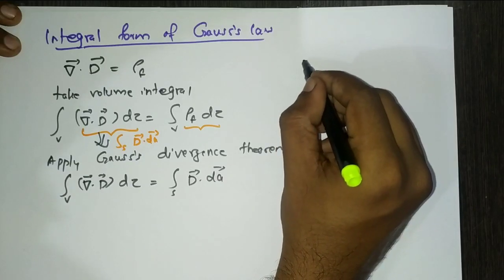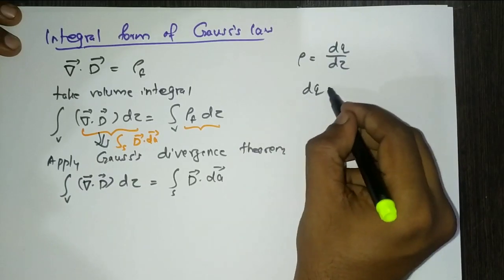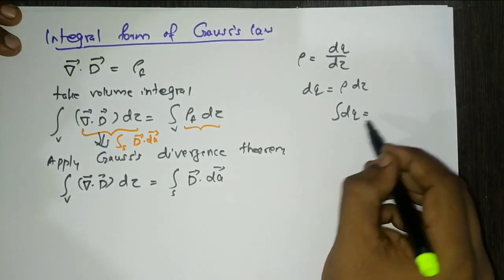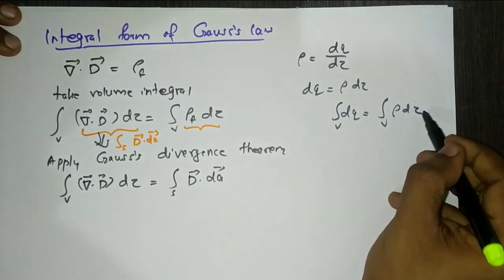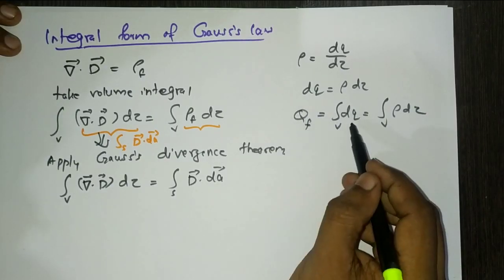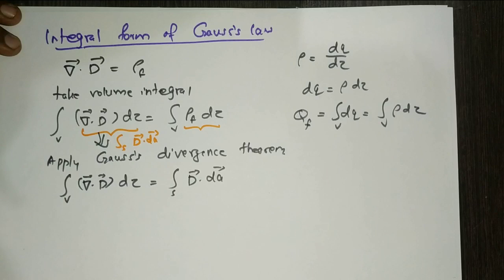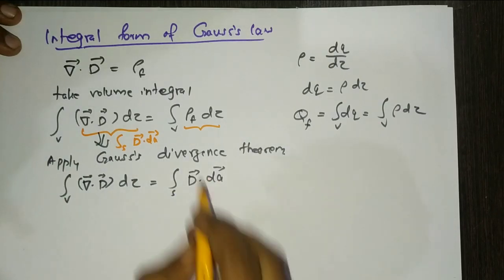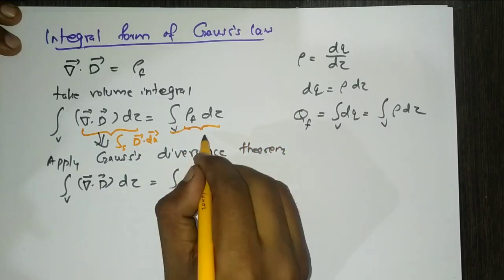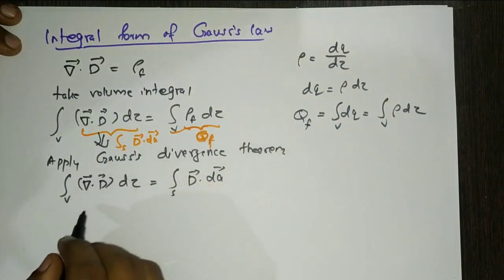We know the volume charge density rho can be written as dq by d tau, or dq can be written as rho d tau. If I integrate this dq over the volume, this will be the integral of rho d tau. This is nothing but the total free charge contained in the volume of the dielectric material. Therefore, instead of the volume integral of rho f d tau, I can write Qf.